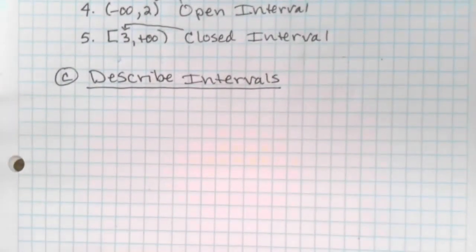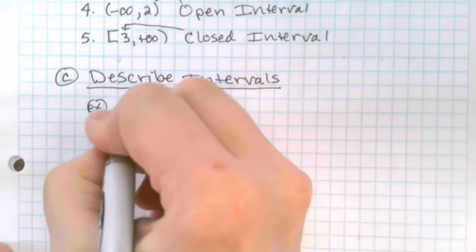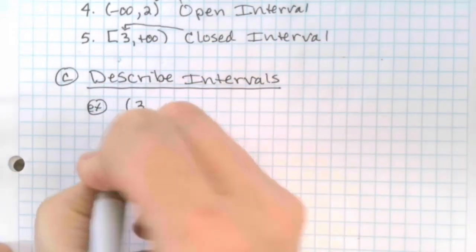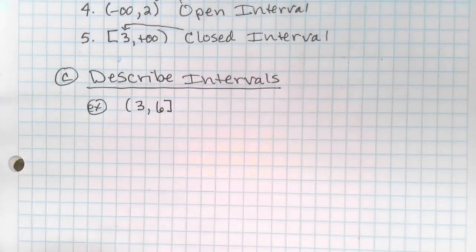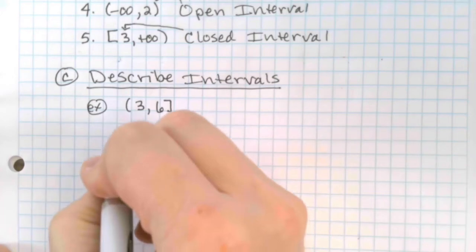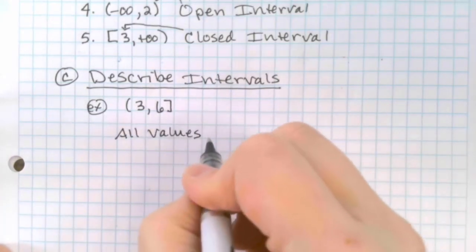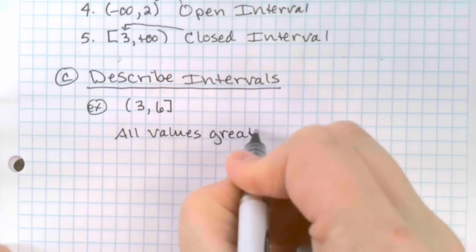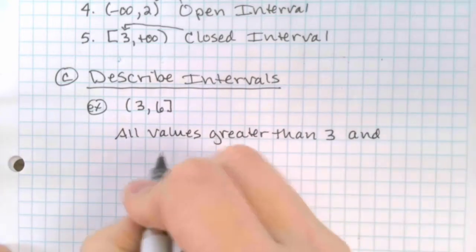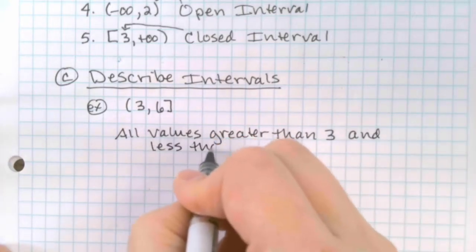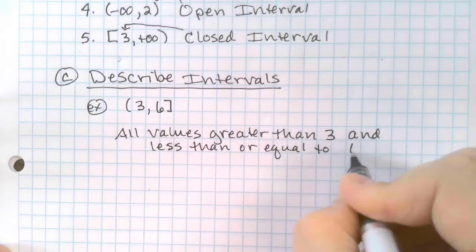So for example, if we have the interval 3 exclusive, 6 inclusive, the words we would use is all values greater than 3 and less than or equal to 6.